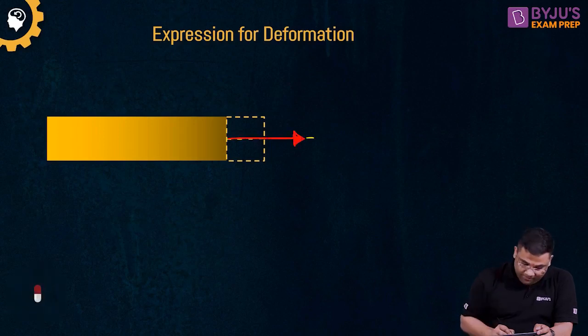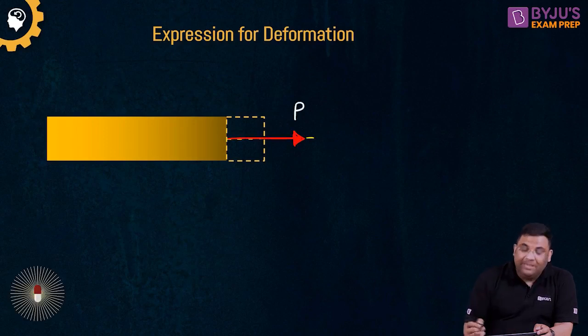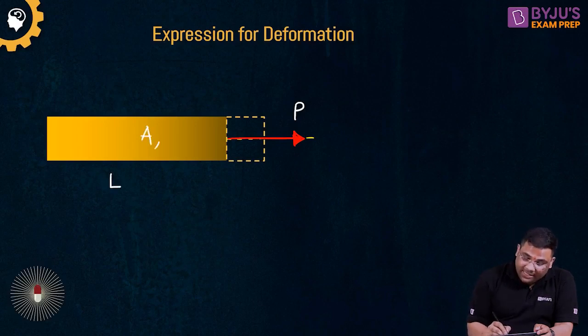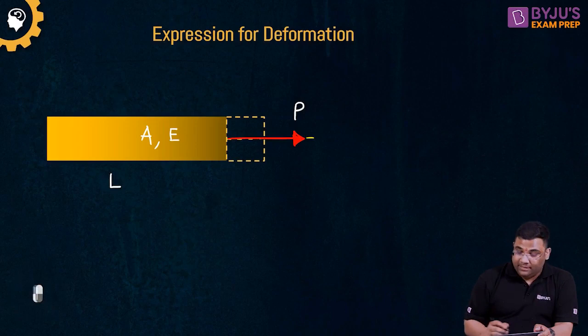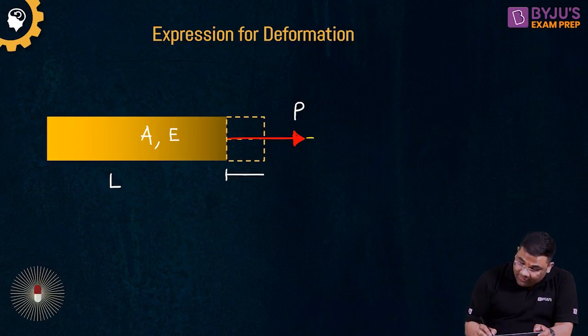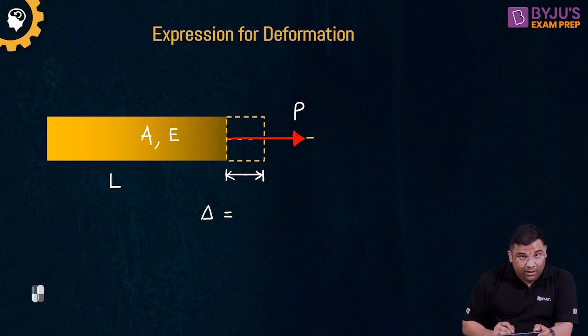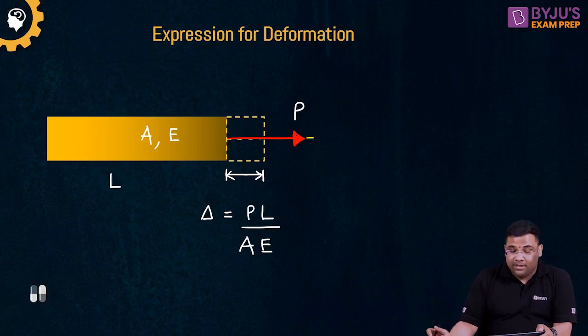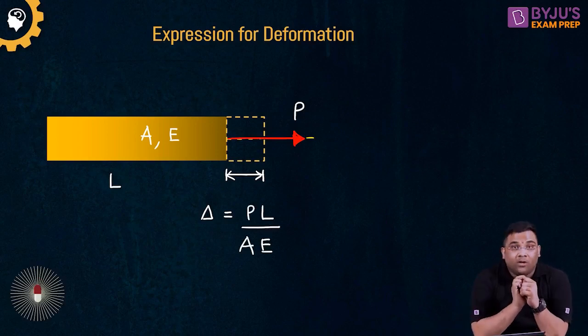Suppose the load is P kilonewton, the length of the bar is L, the cross-section area of this bar is A, and the modulus of elasticity of this bar is E. Then the axial deformation is equal to PL upon AE. This is the expression for deformation of a bar under axial load.